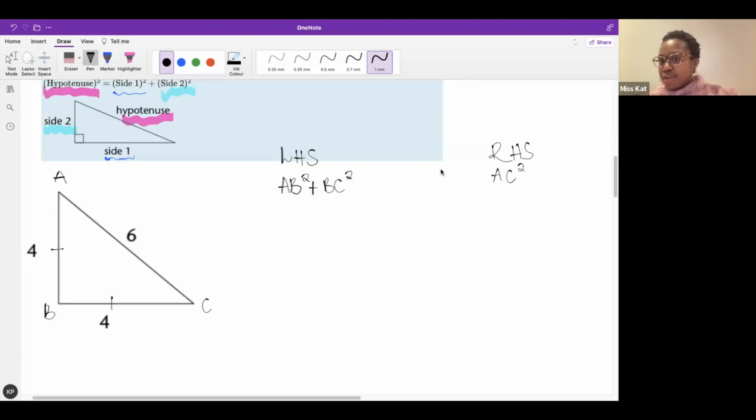AB is 4 squared plus 4 squared. 4 squared is 16 plus 16, which is 32. Now let's go to the other side. How long is AC? You can't write it because we don't know if it's a right angle triangle. AC is 6. How much is 6 squared?